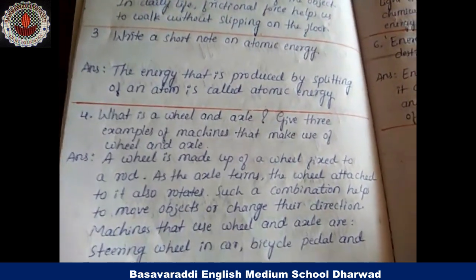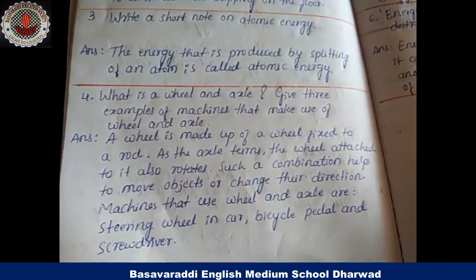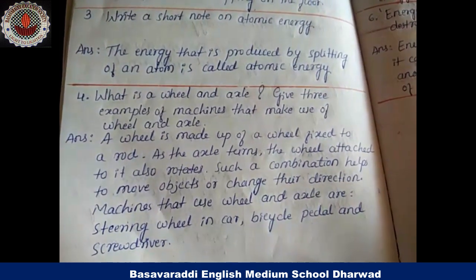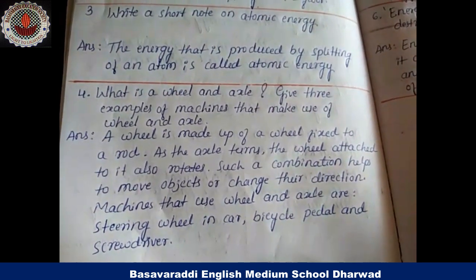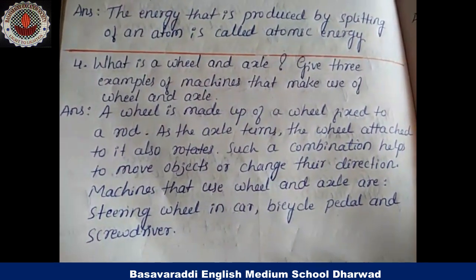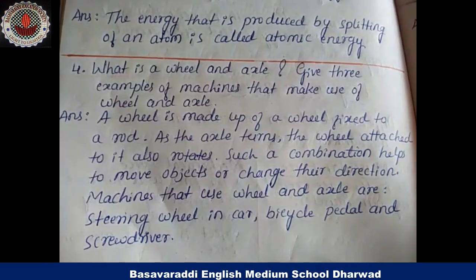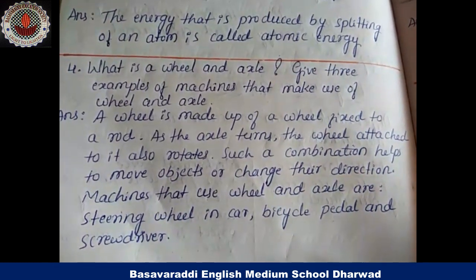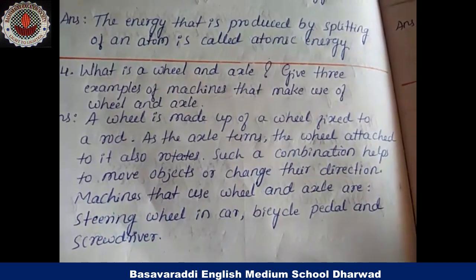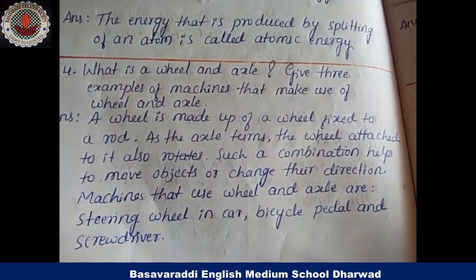Fourth one. What is a wheel and axle? Give three examples of machines that make use of wheel and axle. Answer. A wheel and axle is made up of a wheel fixed to a rod. As the axle turns, the wheel attached to it also rotates.